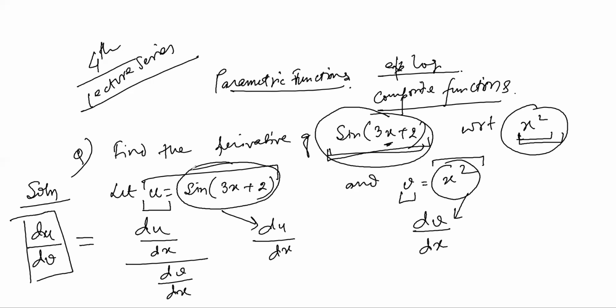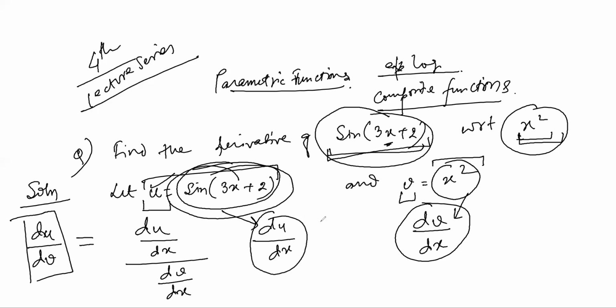It means we need to differentiate u with respect to x, because x is the independent variable here, and differentiate v with respect to x because x is also the independent variable here. Once we get the values of du by dx and dv by dx, we will divide them to get du by dv, right? So this is the procedure which we will follow to solve these types of problems.